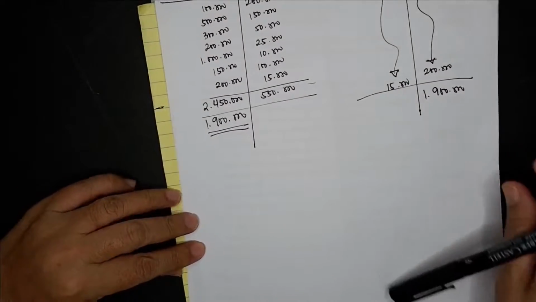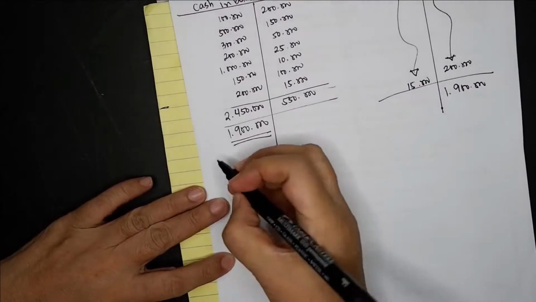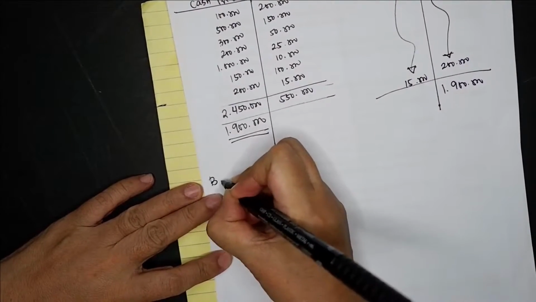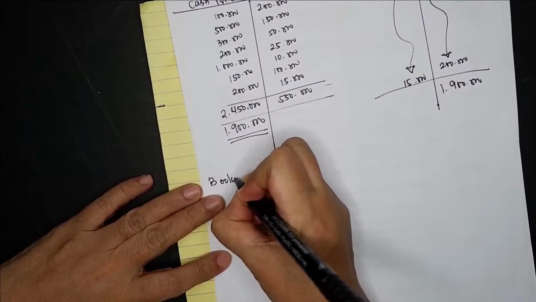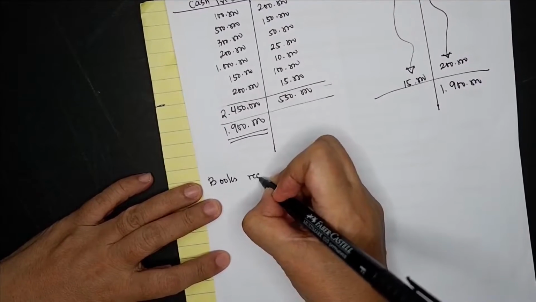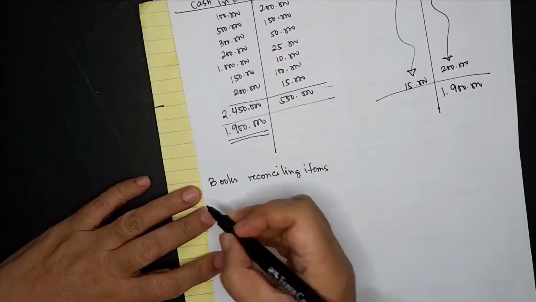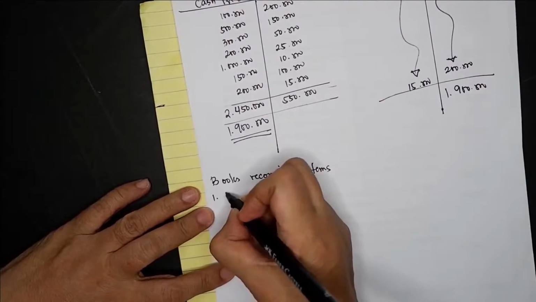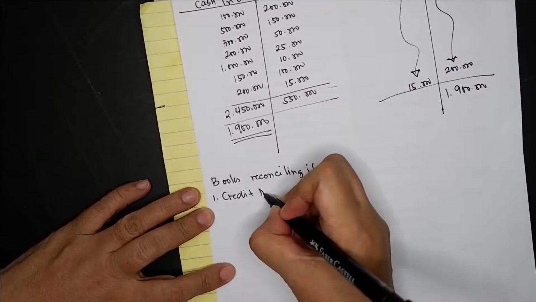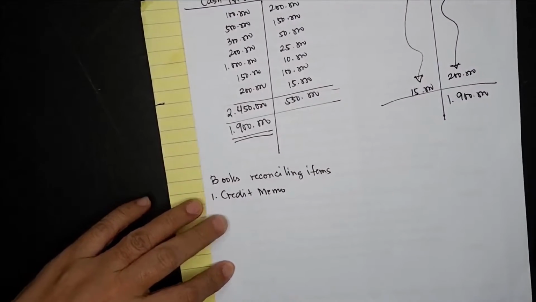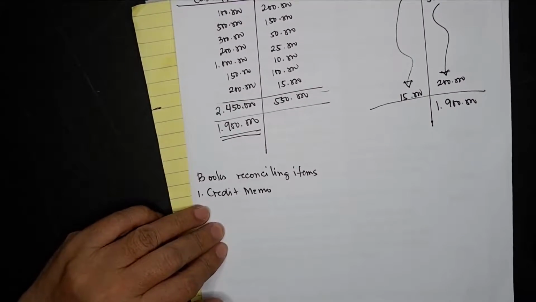So we have our bank's reconciling items, or books. Let's have books first. Books reconciling items. Okay, number one is credit memo.